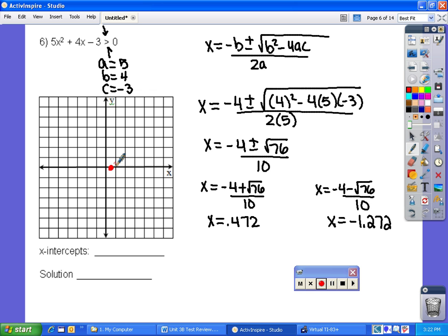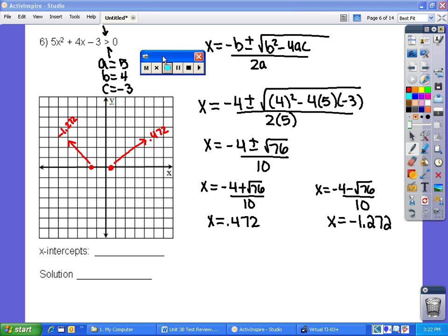So make a dot there, and then you should label it because you're going to need that label later. -1.272 is in the middle of -1 and -2, and you should also label that because you will need that later. The next thing you need to do is find your vertex.